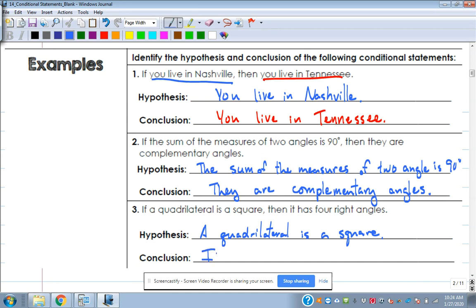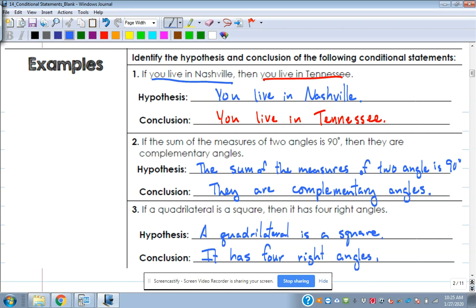Well, a square has 4 right angles. What's it mean to be a quadrilateral? Do you have to be a square to be a quadrilateral? It's just got 4 sides, yeah. Super easy stuff there. Nothing exciting about that at all.